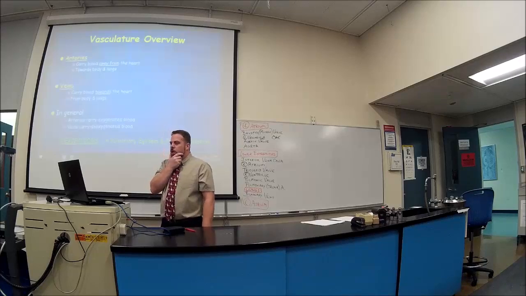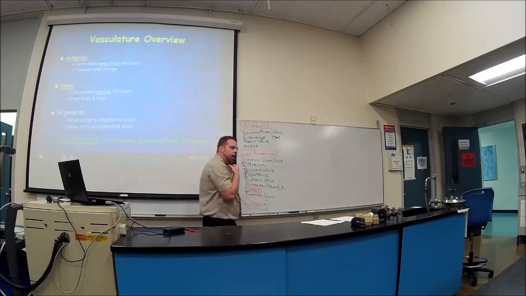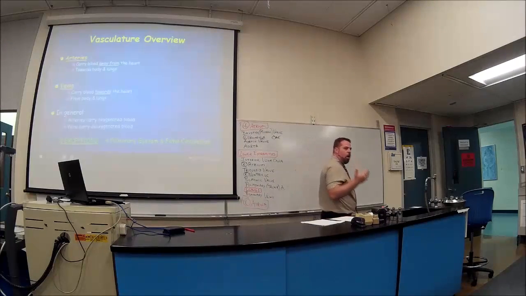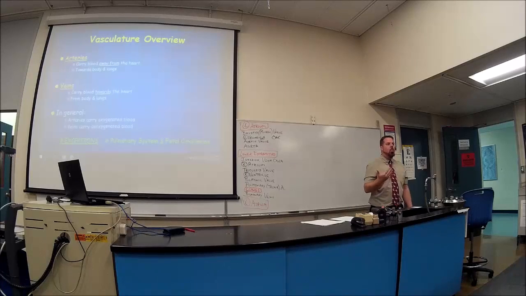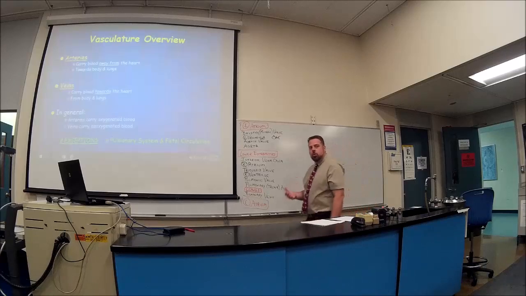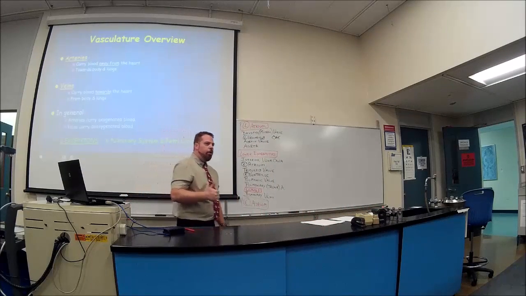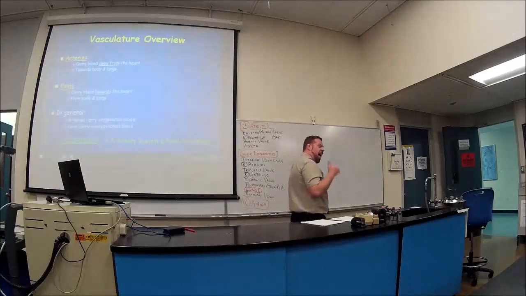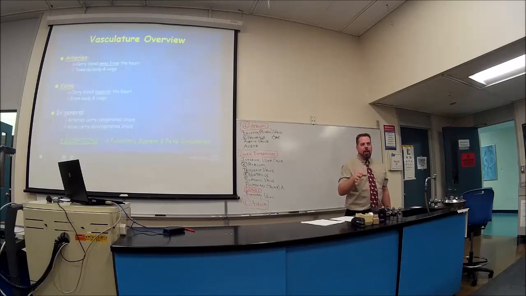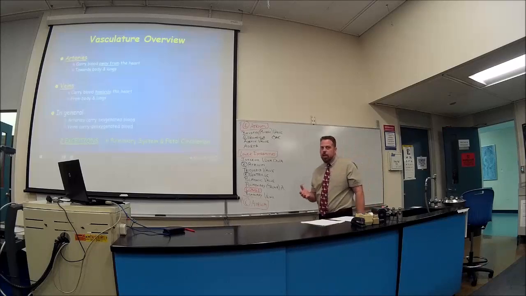All right. So we have arteries and veins, right? We talked about that in the video. Arteries always carry blood away from the heart. Veins always carry blood to the heart. In general, arteries will always carry oxygenated blood, and veins will always carry deoxygenated blood.